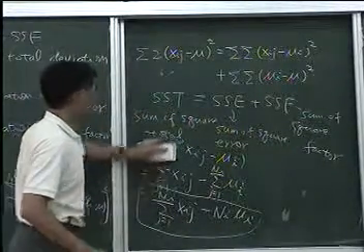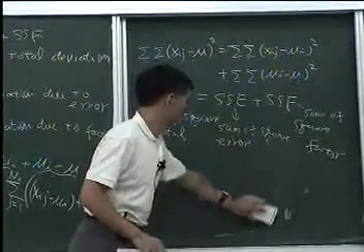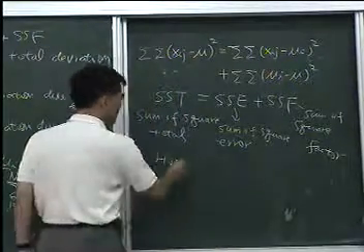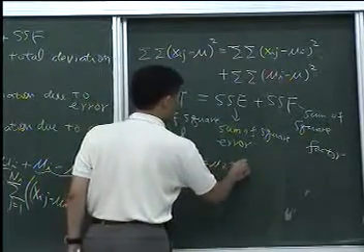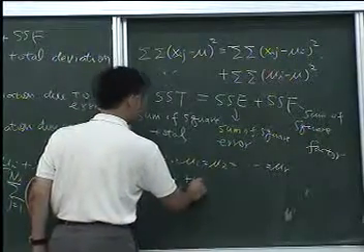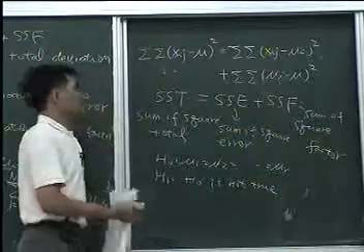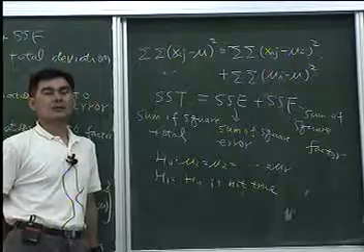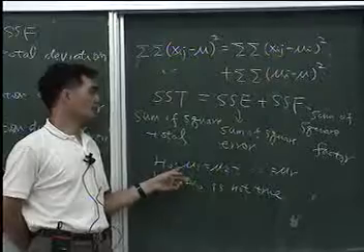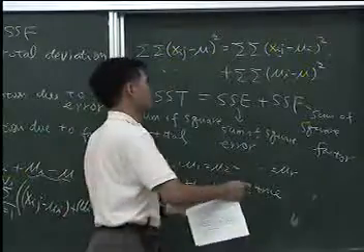Then, H naught is mu1, mu2, up to mu r all equal, and H1 is H naught is not true, right? So if indeed H naught is true, this part should be equal to 0.